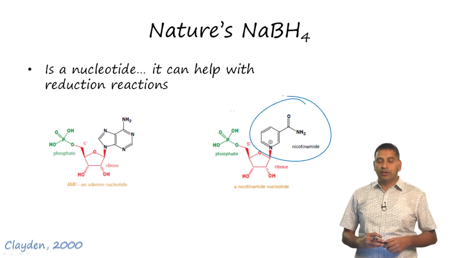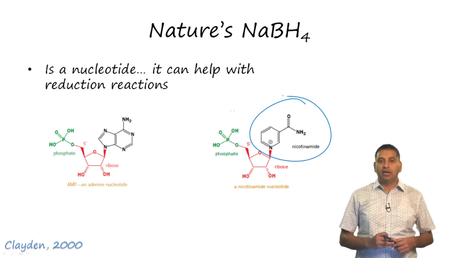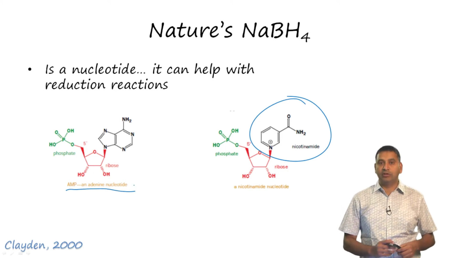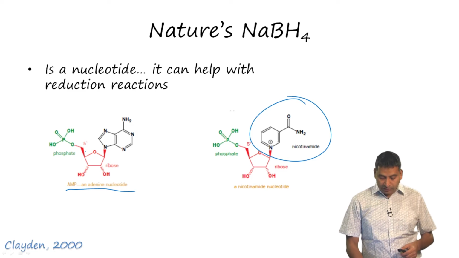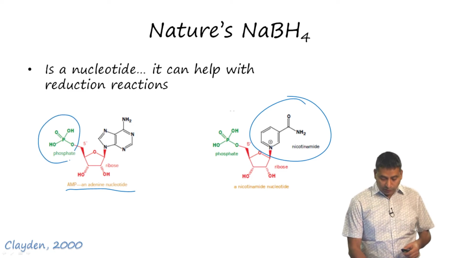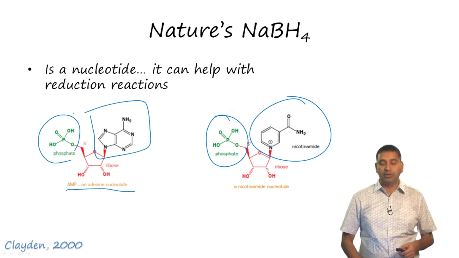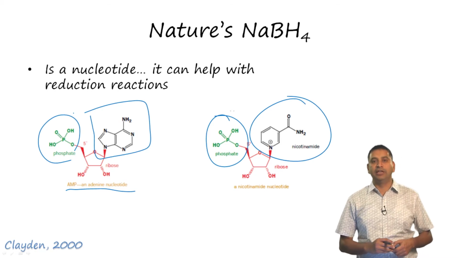And if you see the structure of nicotinamide or NAD, it looks very much like AMP, which is adenosine monophosphate, and you can see the ribose sugar is identical, and you also have a phosphate group here, and the major difference here is in the nucleobase, right. So, if you see here, this nicotinamide has a positive charge on the pyridine ring.